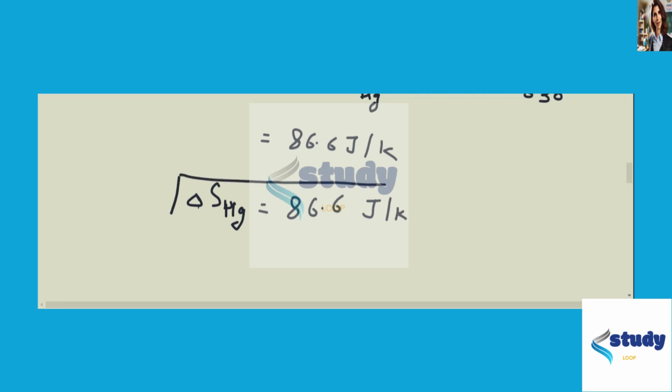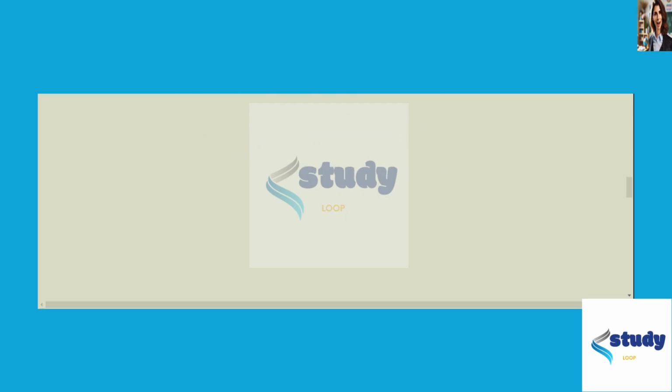Now we will look into part C. In C, we know that entropy is the measure of randomness. So the entropy of gas is higher than liquid, and the entropy of liquid is higher than solid.